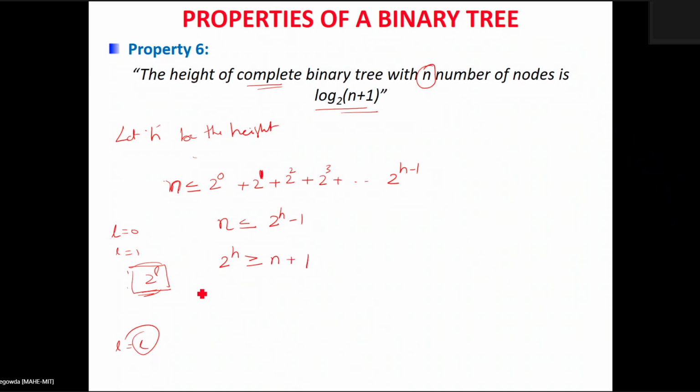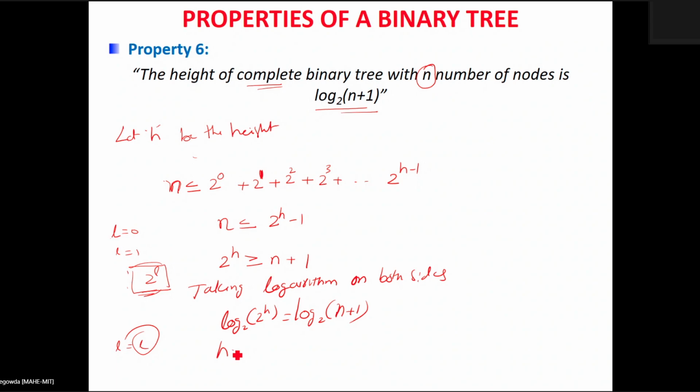Now take the logarithm on both sides. We get log base 2 of 2 power of h on one side, and log base 2 of n plus 1 on the other. This side will be h into log base 2 of 2, which is equal to 1, so I am left with h, which is log base 2 of n plus 1.